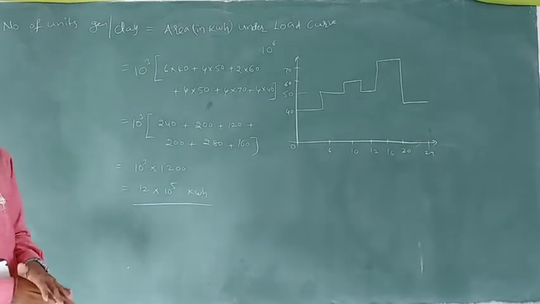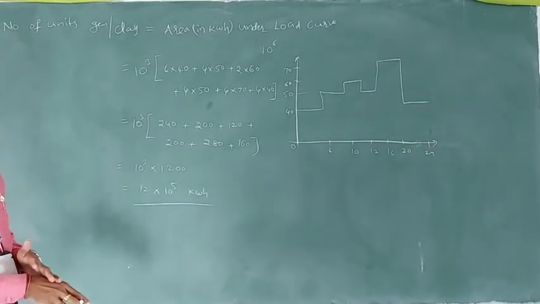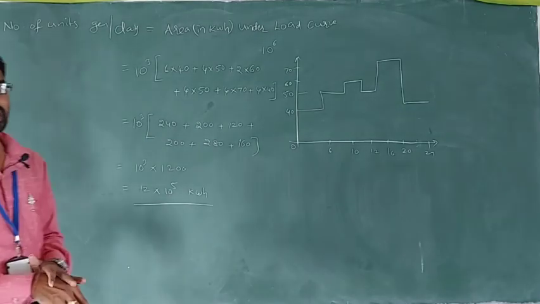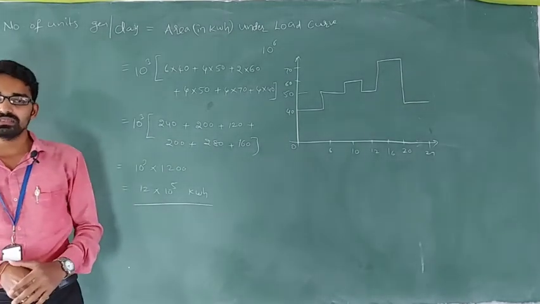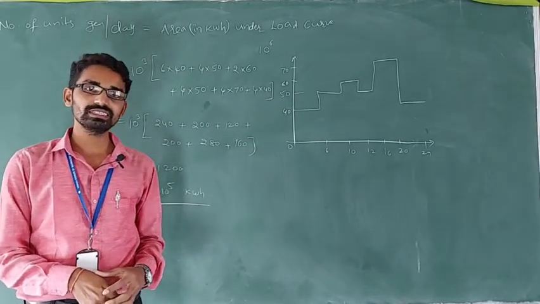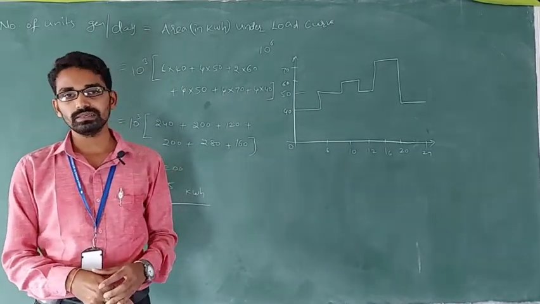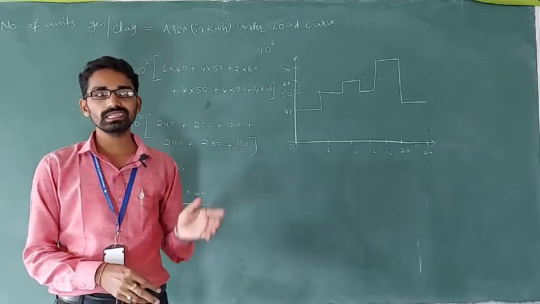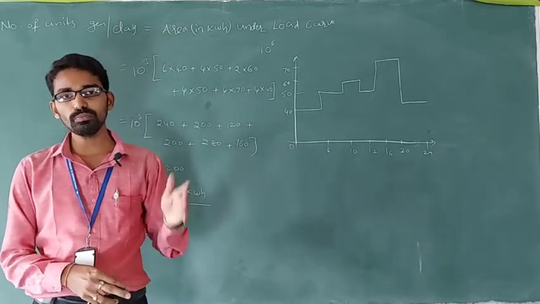And now we are going to calculate the tariff. How to calculate the tariff? There are different types of tariffs: simple tariff, block rate tariff, two-part tariff, power factor tariff. But as of now, for simple calculation, I am considering the two-part tariff.